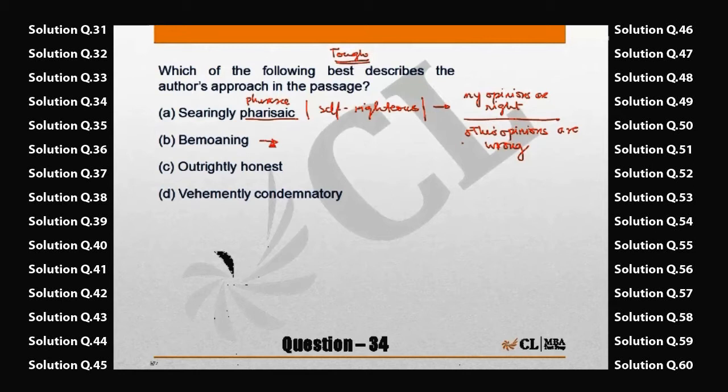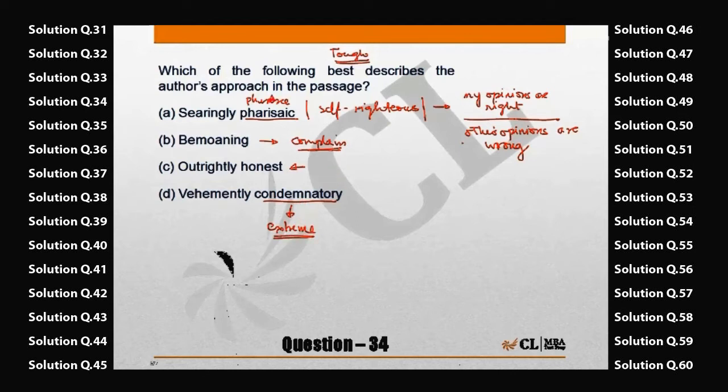Bemoaning is to crib or to complain about something. Outrightly honest is easy to understand. And vehemently condemnatory. Condemnatory basically means it's condemning something. So you can say that it's a kind of extreme position.